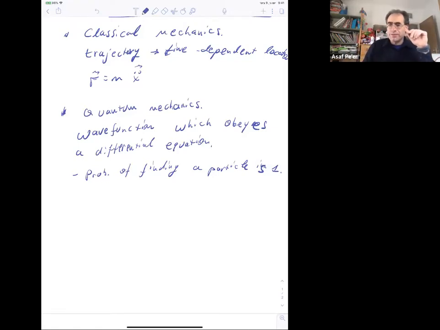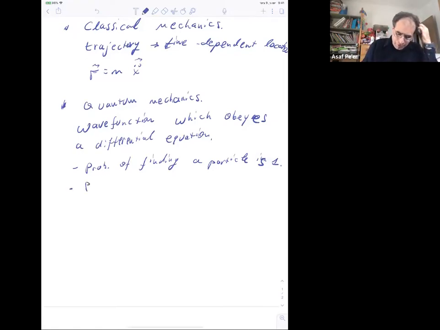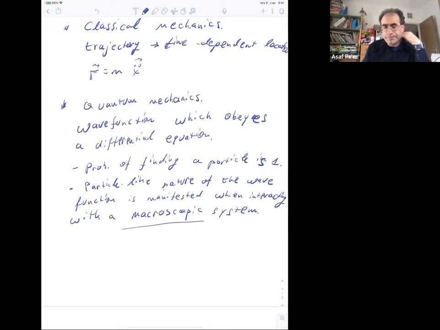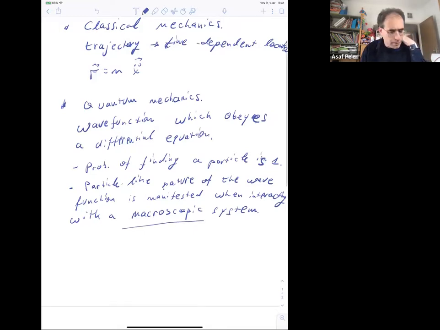But only then. So the particle nature of the wave function is manifested when interacting with a macroscopic system. The measuring device is always something macroscopic.